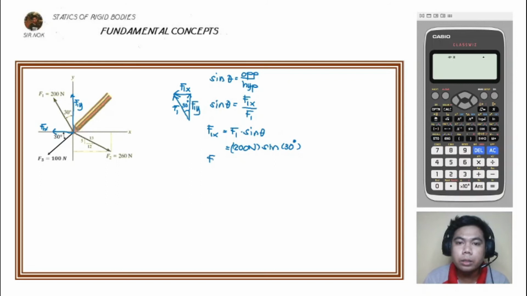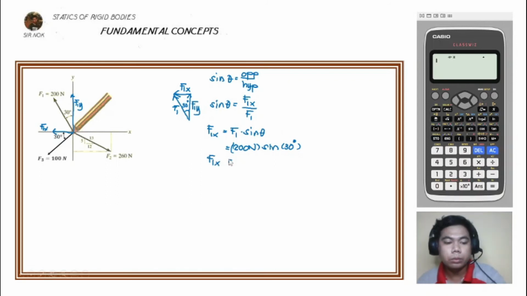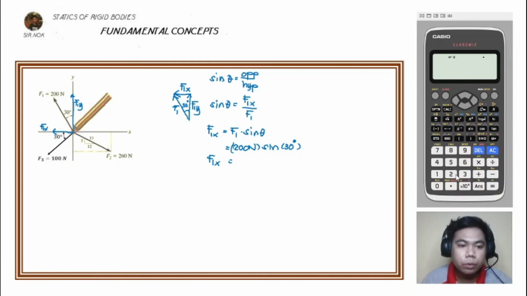So let's compute it: 200 times sine 30, so that is 100 newtons. So F1x is 100 newtons. So F1x is to the left, so F1x is negative 100 newtons.